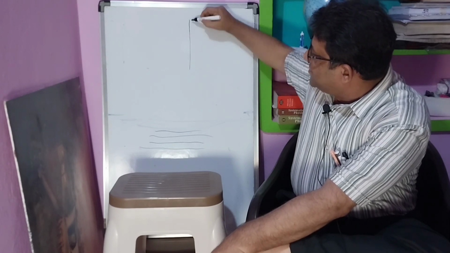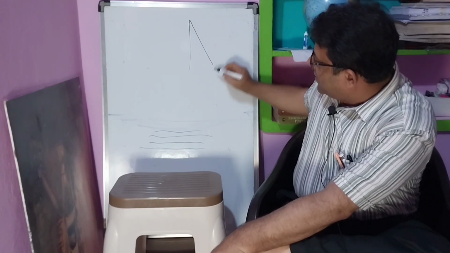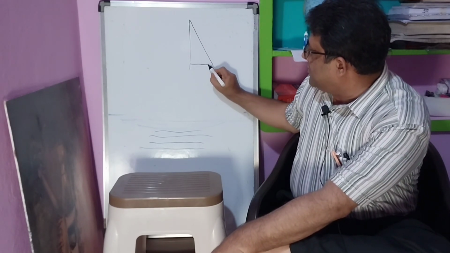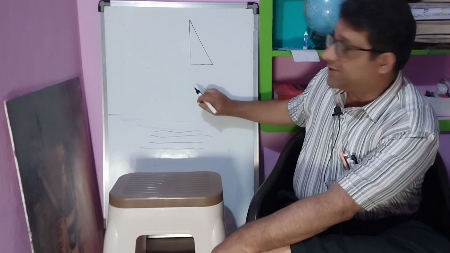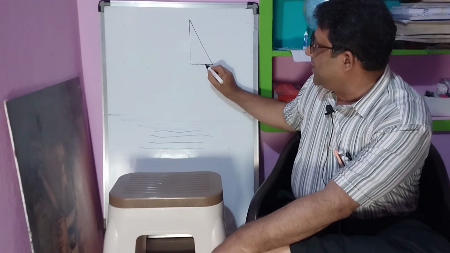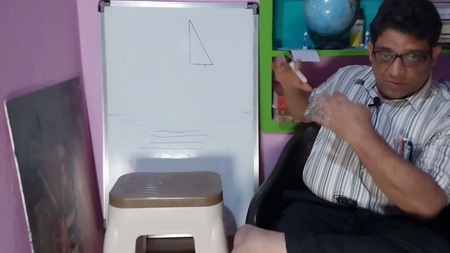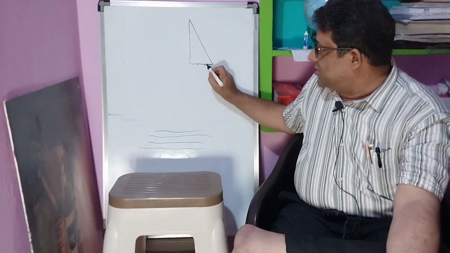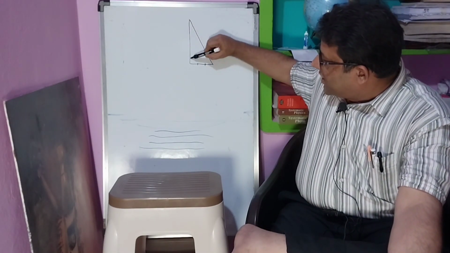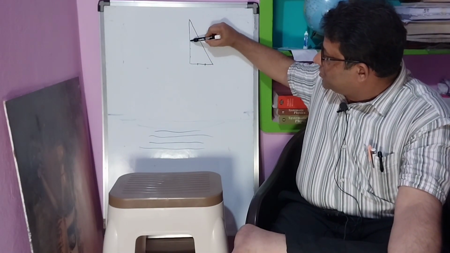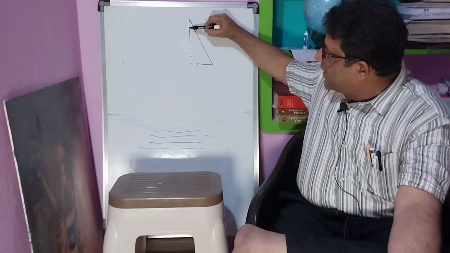Let us say I see a right angle triangle this way, and I have to copy it. I imagine making it three parts.